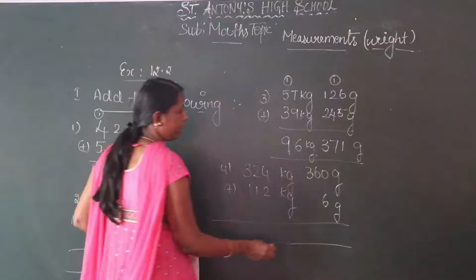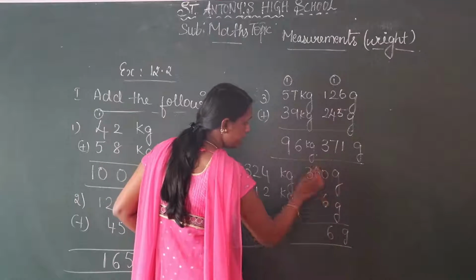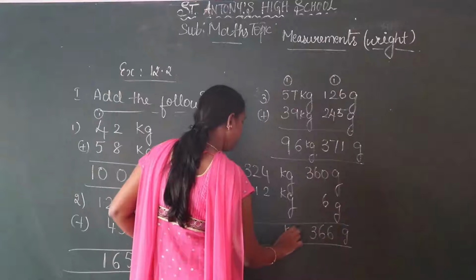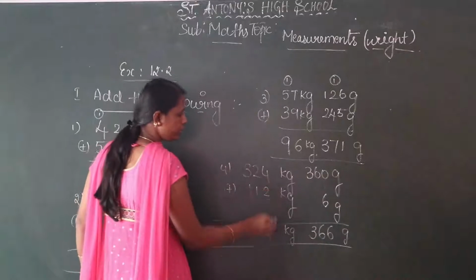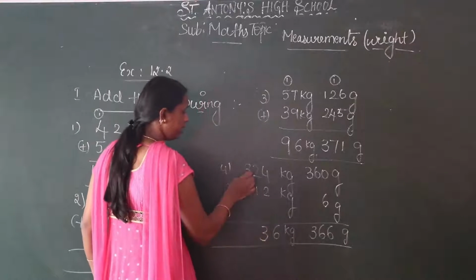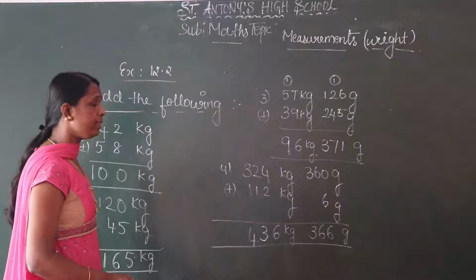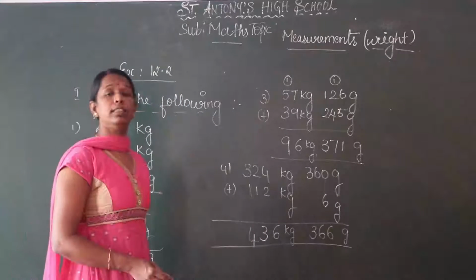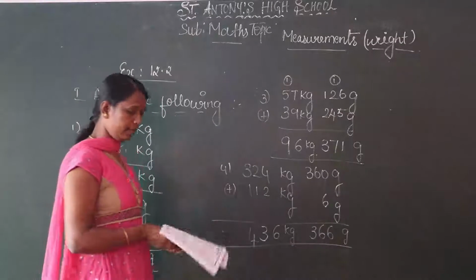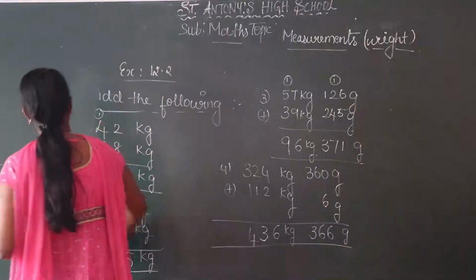Add this one, write down the gram. 0 plus 6, 6, 6 as it is, 3, write down kg here, 4 plus 2, 6, 2 plus 1, 3, 3 plus 1, 4. Final answer is 436 kg 366 grams. Next we solve the following.